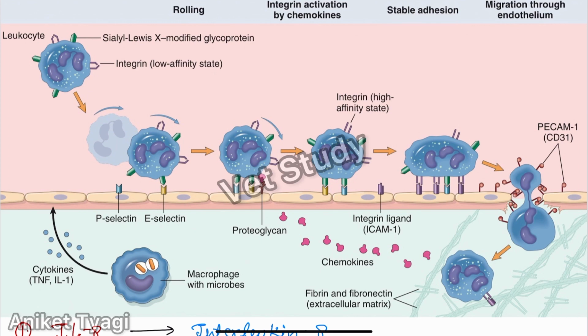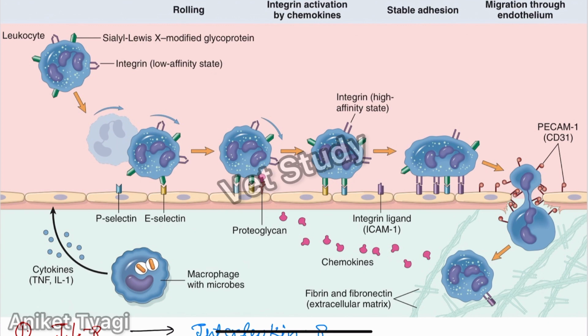Then this leukocyte will move from the endothelial gap to outside. And fibrin and fibronectin are also present outside, and attachment of leukocyte also occurs with that. So there are several molecules through which these leukocytes will attach, and they will produce cytokine. Different mechanisms are there, so we will not discuss in that much detail.